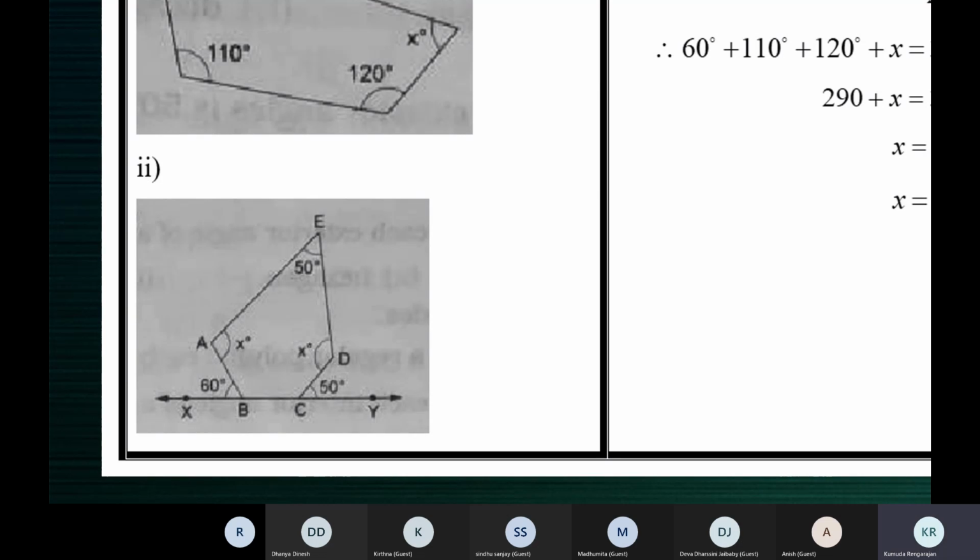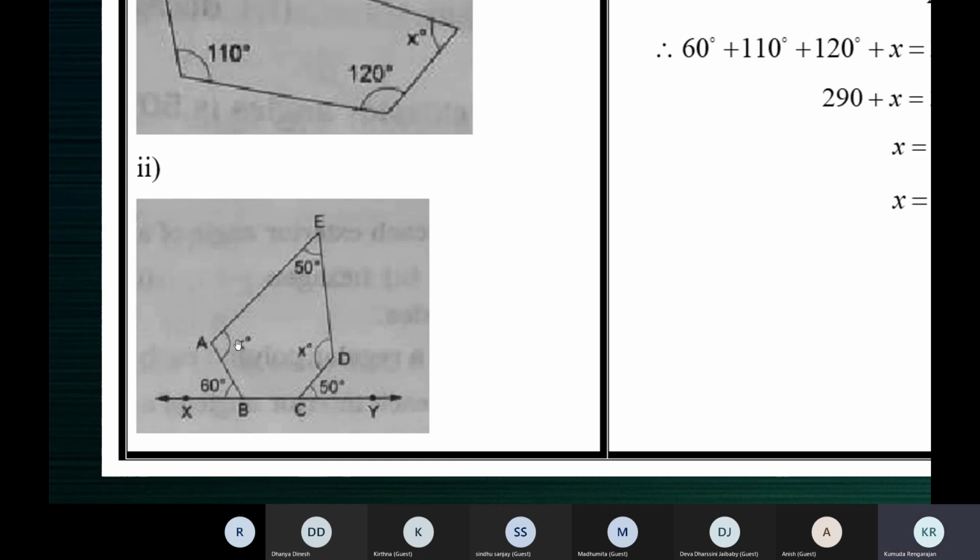Because 5 minus 2 into 180. 5 sides minus 2, 3 into 180, 540 degrees. So when you add these 5, by mistake we write 360. It's not 360 for every polygon. For a pentagon, you should find it. You don't have to remember, you have to find. You need to show the working. So now see the answer.